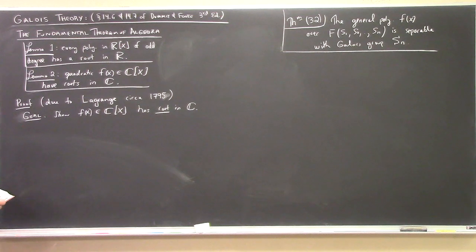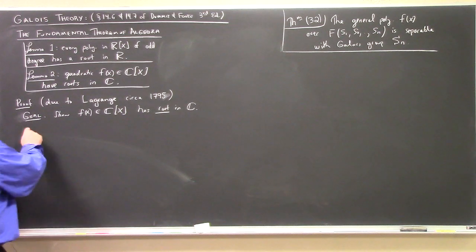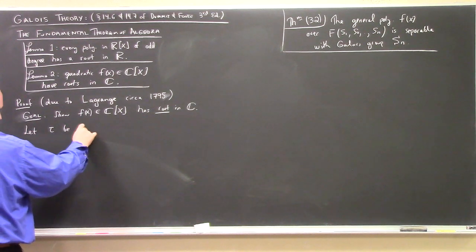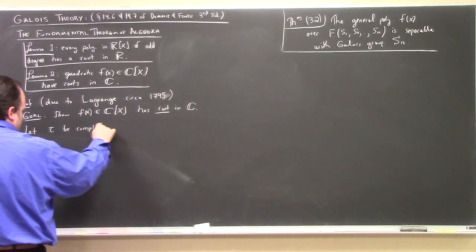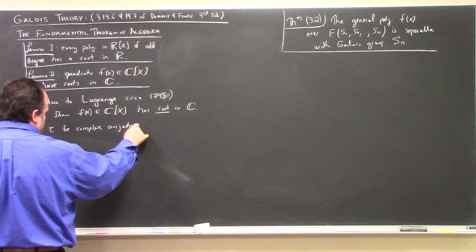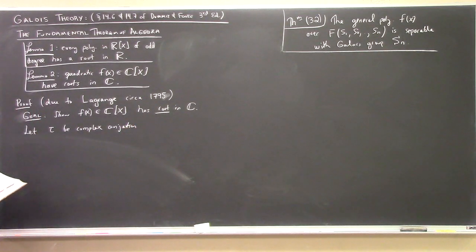He begins by saying, let tau denote the automorphism of complex conjugation. So let tau be complex conjugation. And he says, if f of x has no root in C, then neither does its conjugate polynomial. First of all, if f of x has a root in C, we're done.